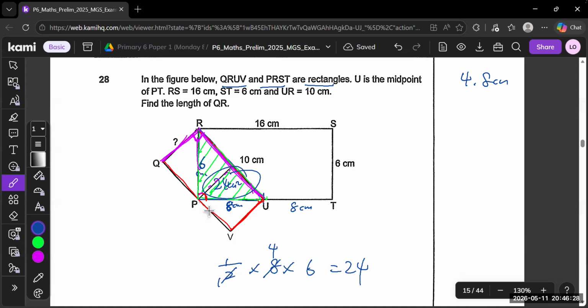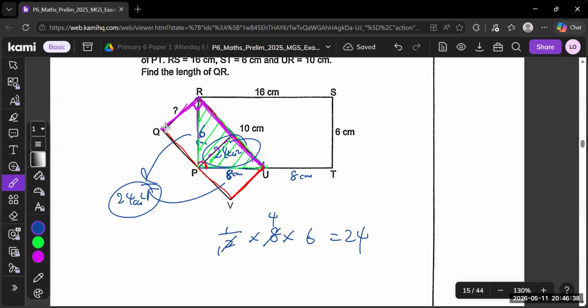And then how about the other unshaded parts of the rectangle? Must also be 24. So what's the area of this entire rectangle? This red color rectangle, what's the area of this red color rectangle? You just take 24 plus 24, I get 48. So the area of this rectangle is 48. Do you see the length? The length is 10.